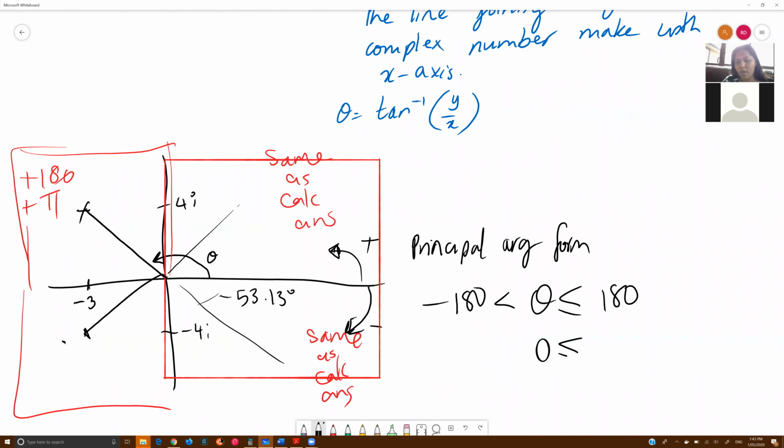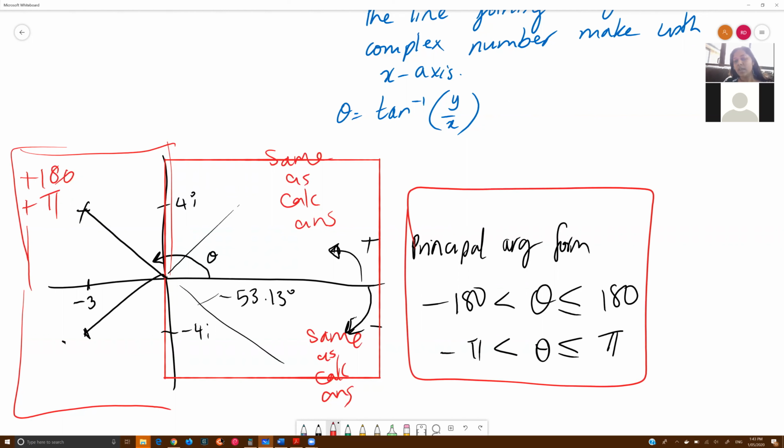Or if you're working in pi, it is going to be between pi and negative pi. So we always try and give the answer in this range. If I add on 180, it's not going to give me what I want. But if I take away 180, it will end up giving me the right one.